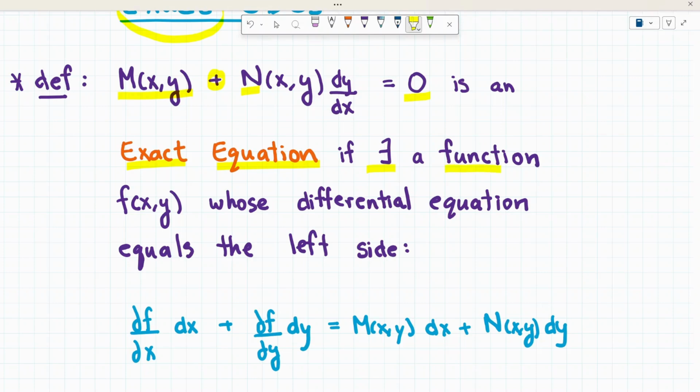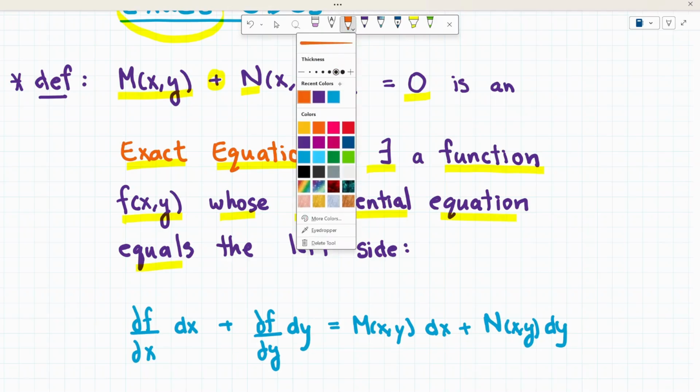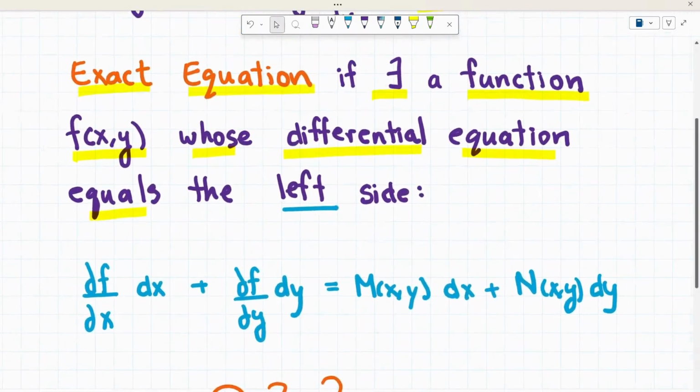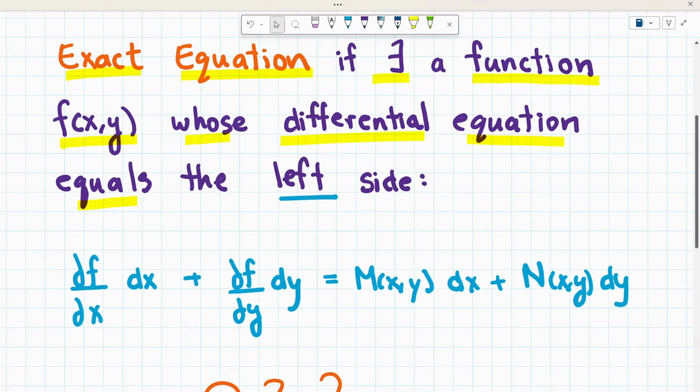So if there exists a function f of x, y whose differential equals the left side of this equation below. So I have this equation below written in blue here, so you can just take a minute to note this.